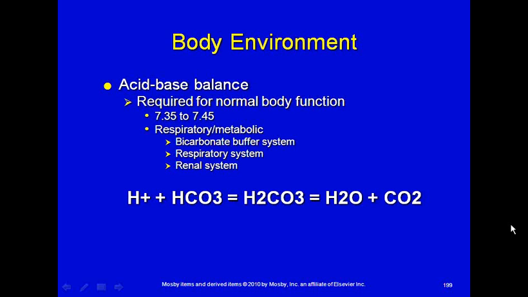Normally, the relationship between hydrogen and HCO3 is 1 to 20. For every one hydrogen ion, your body likes to keep 20 bicarbonate ions, because as your hydrogen ions increase quickly, you have that base excess to help buffer those.